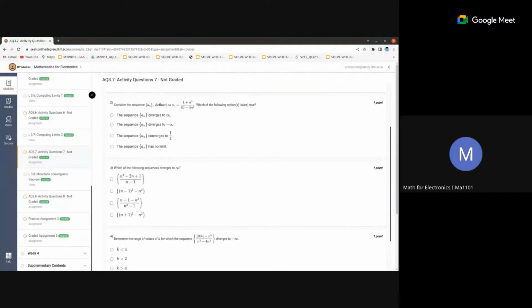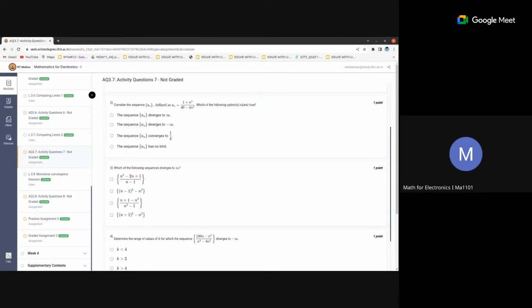So these are a few questions we will tackle. Now question 2, let me start with question 2. Consider the sequence defined like this. This gives you the nth term: the nth term is (1 plus n cube) divided by (40 minus 4n square).